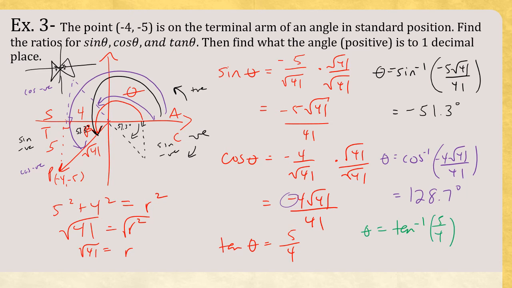So using our calculators, tan inverse 5 divided by 4, I got 51.3. Let's talk about that. Tan is positive. Your calculator knows that tan is positive here and tan is positive here. It doesn't know where your triangle is, and it is lazy.